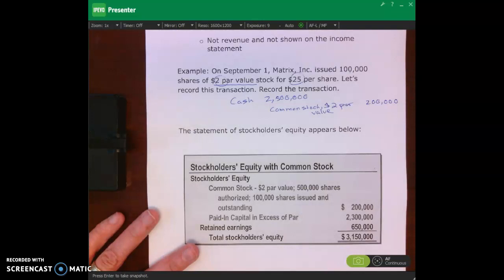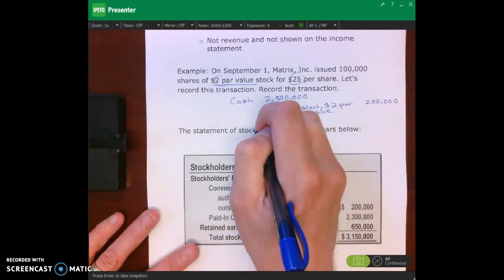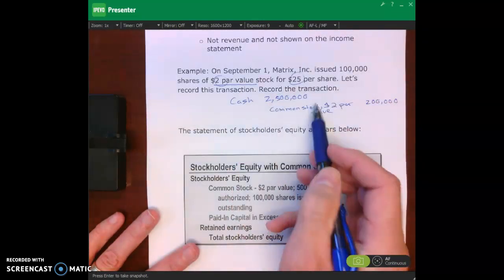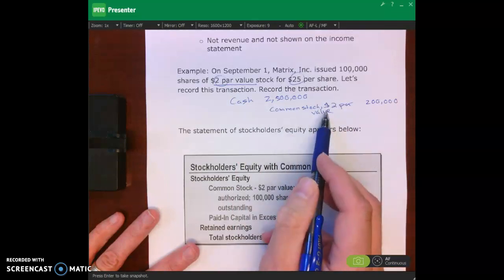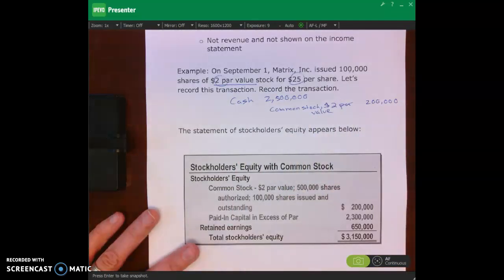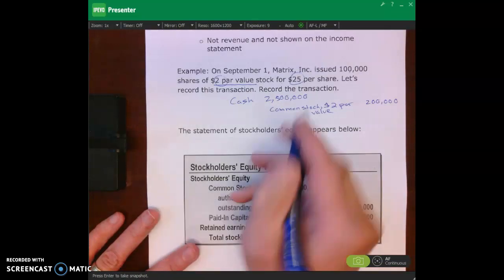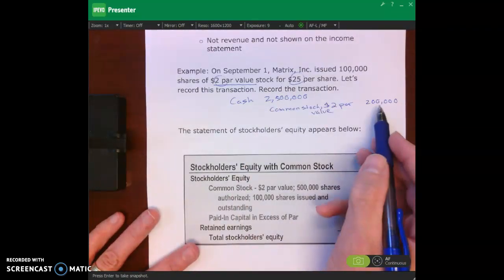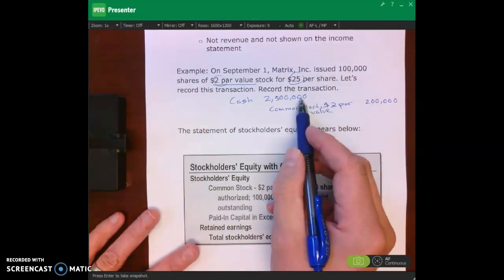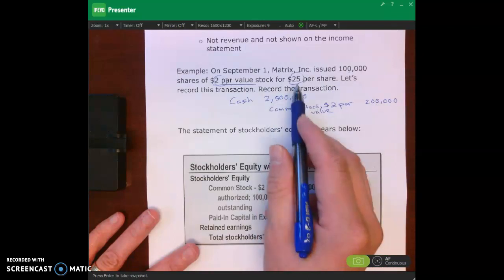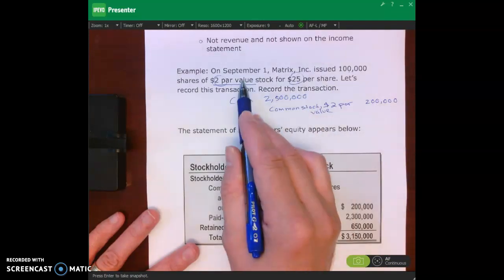And then I also have to credit another account, another equity account. Remember, this is an equity account, so it's going up, right, with the credit. I will also credit another equity account for the difference, which is the premium, which is the difference between the market value and then the par value.